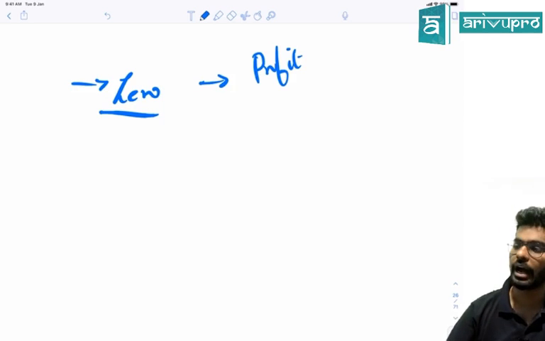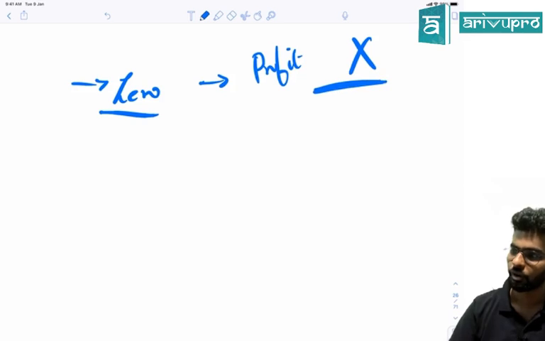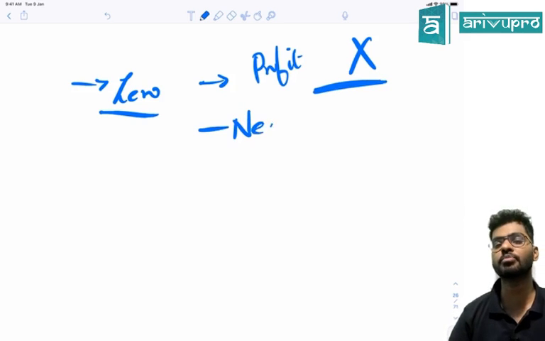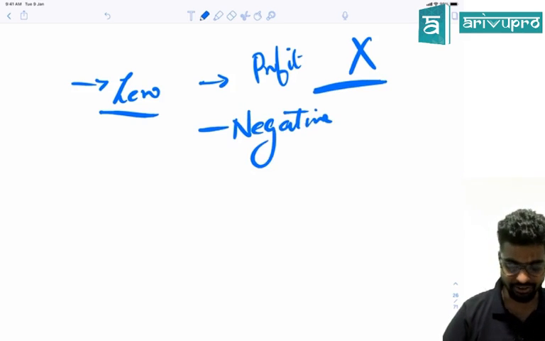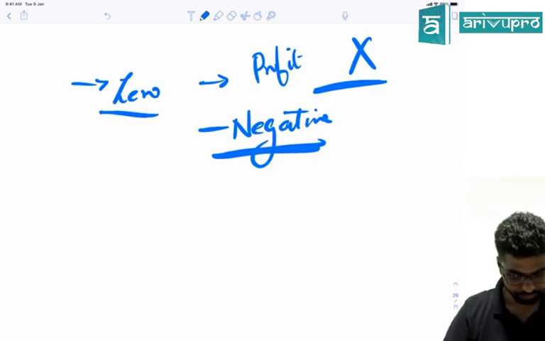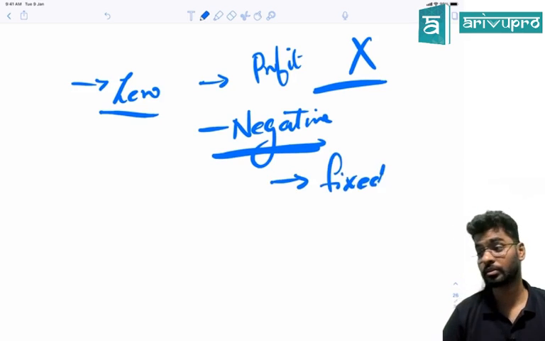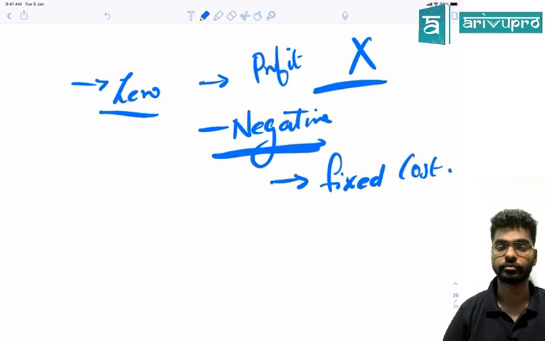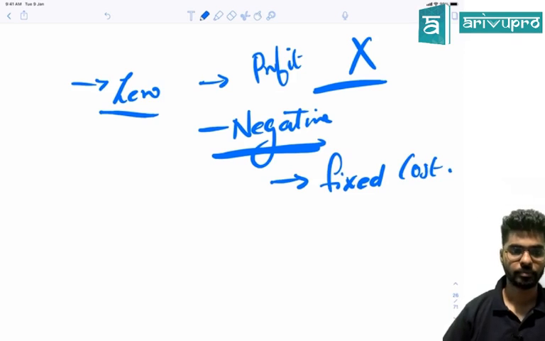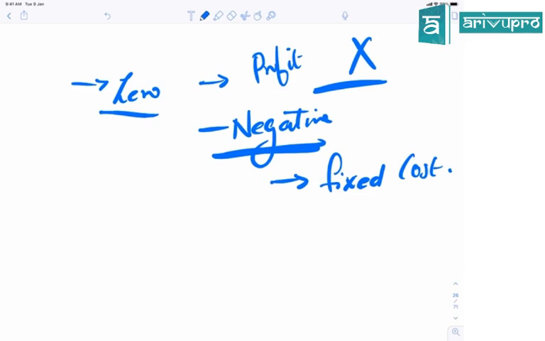I won't have a profit, I have a loss. Why? Because even if I'm producing 0 units, I will have to incur fixed cost. Yes or no? Are you guys clear?